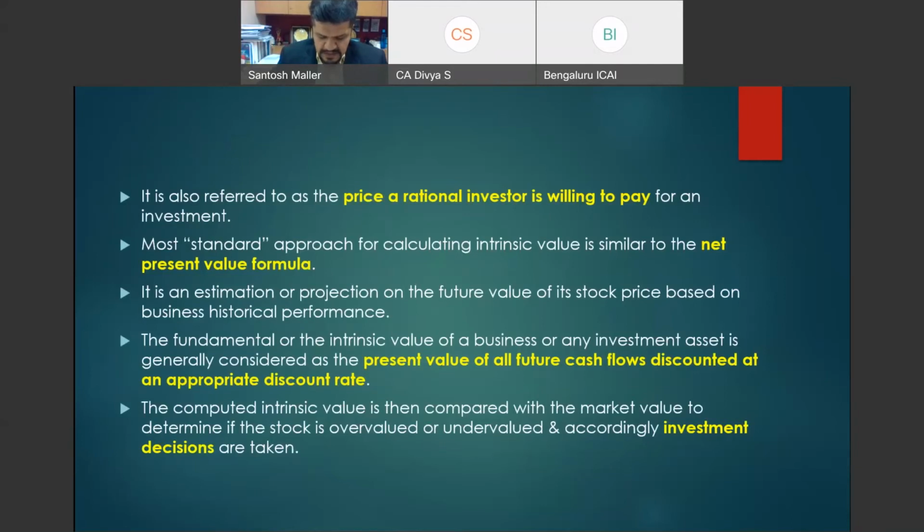So basically, from the perspective of market value, it is also referred to as the price which a sensible, rational, knowledgeable investor is willing to pay for the purpose of valuing the shares.